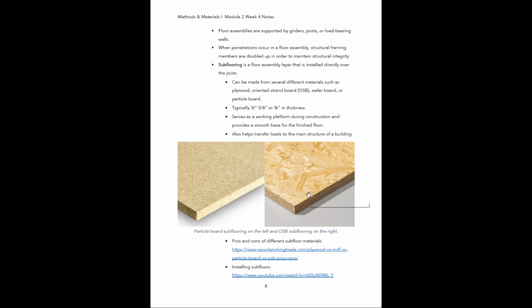That's very common and it's used a lot, and it's a pretty good material to use, but one of its weaknesses is the edges. If they get wet, they will swell up.